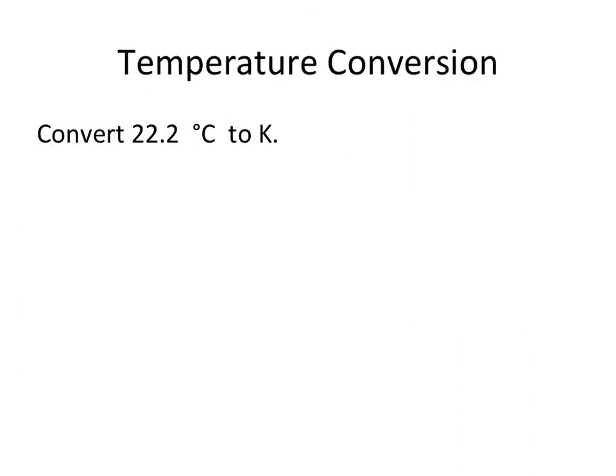So let's go ahead and practice. Basically I've been given 22.2 degrees C here, and they want me to convert to Kelvin. So we know that in order to go from degrees C to Kelvin, I need to add 273.15.